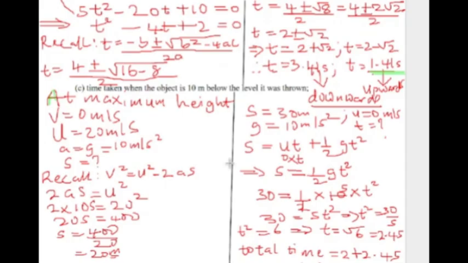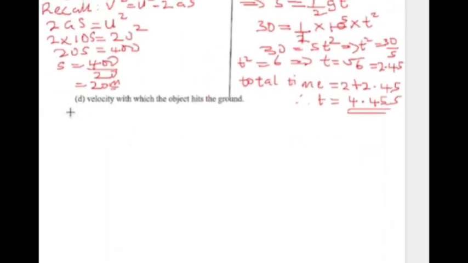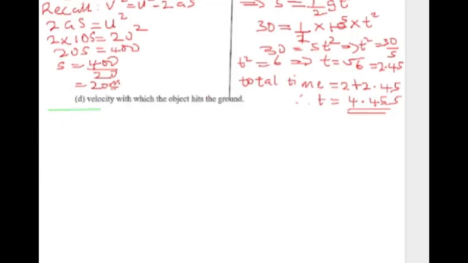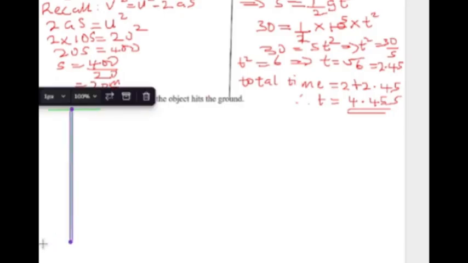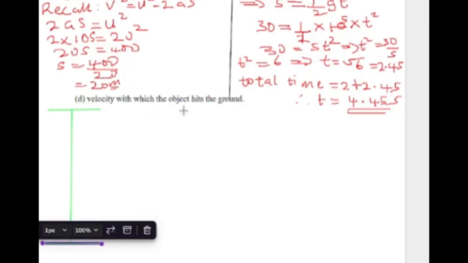So the last question, let's look at the velocity with which the object hits the ground. Now considering from the maximum height, maybe I need to redraw this here for clarity. So we have this. Remember that this is the velocity with which the body hits the ground.